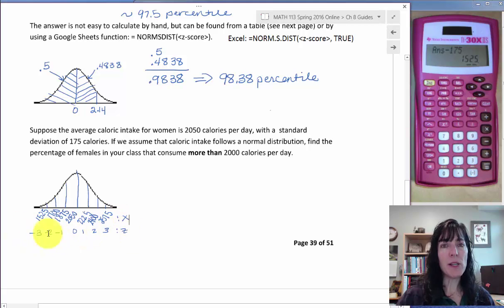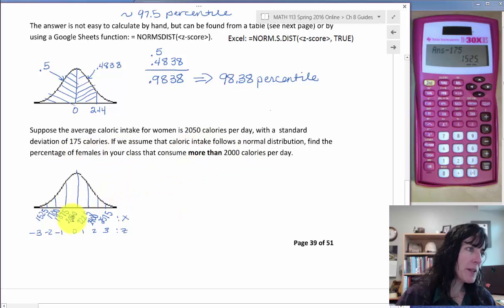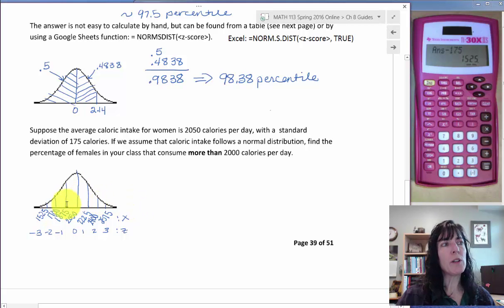And then down here I have the z-scores, which tell you how many standard deviations away from the mean each of those markers is. Now we're looking for the ones that consume more than 2,000. And I see 2050 and 1875, so 2,000 is somewhere in between here, and then we want to the right, we want more than.